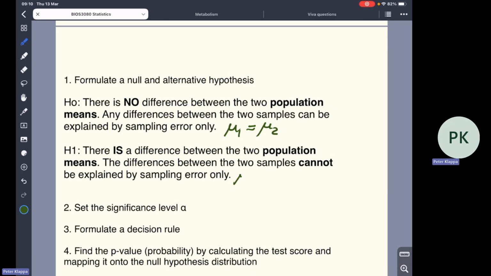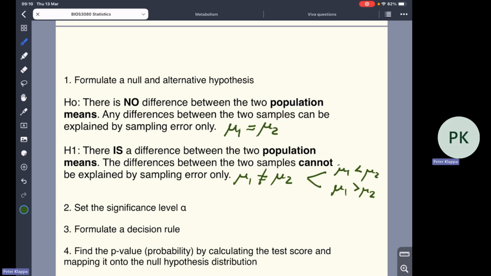So we would write this as mu1 is not equal to mu2. What does that mean? It can mean mu1 is smaller than mu2, or it can mean mu1 is larger than mu2. It can mean both. It just indicates it's not the same. So we have two options here: mu1 is smaller or mu1 is larger.